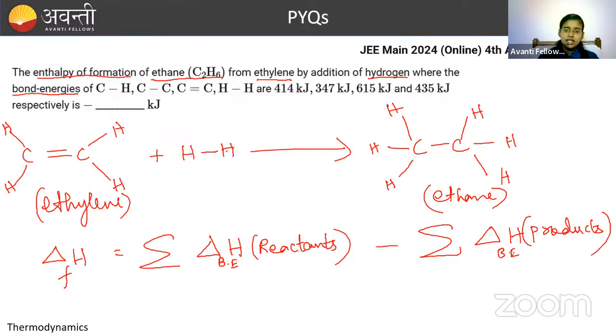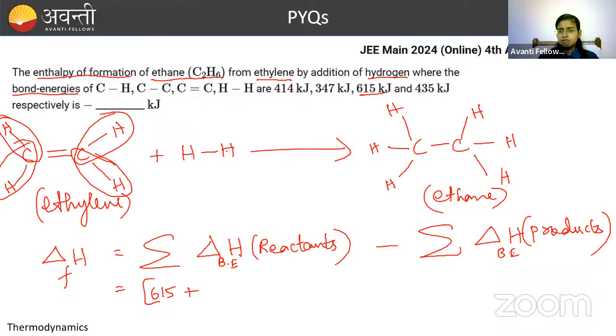Now in the reactant, what do we have? We have a carbon-carbon double bond in the reactant, and its value is 615. And we have 4 carbon-hydrogen bonds.